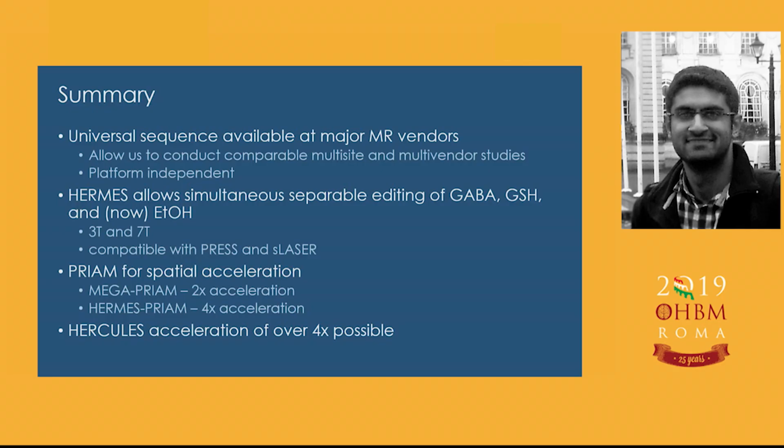You can acquire multi-metabolite data, and it's compatible with 3 Tesla and 7 Tesla when it comes to HERMES, and it's compatible with common localization techniques such as PRESS and semi-LASER. PRIME allows you to accelerate spatially, so you can acquire data from different regions at the same time. And finally, HERCULES, which performs editing at a factor of more than 4 times.